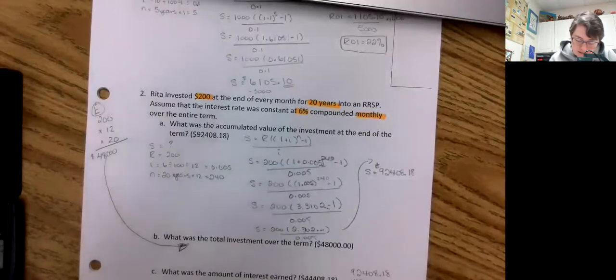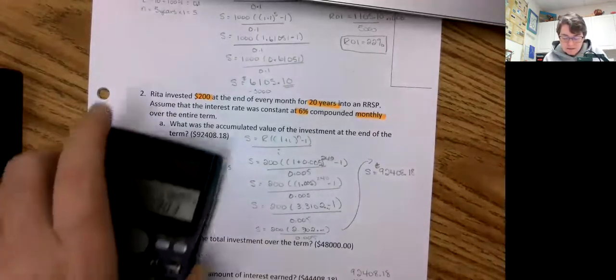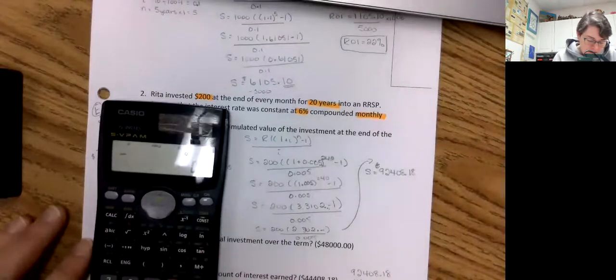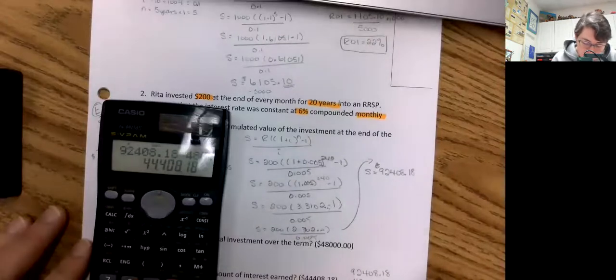And that's where you get... I'm not even going to trust myself today. 92,408.18 minus 48,000 is 44,408.